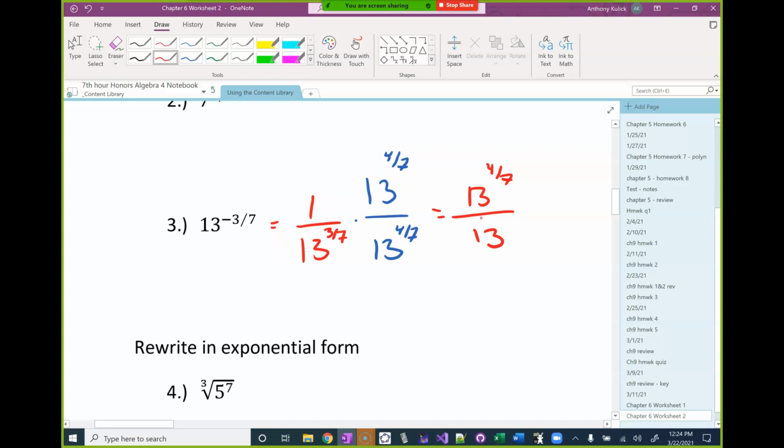Mackenzie, alternatively, instead of using that property for 1 over, you could have just started by multiplying the top and bottom by 13 to the 1st, and that'll get you the same thing. So either way is okay, though. Are you cool? This is like an aside.